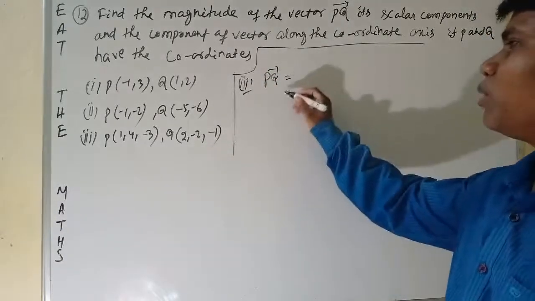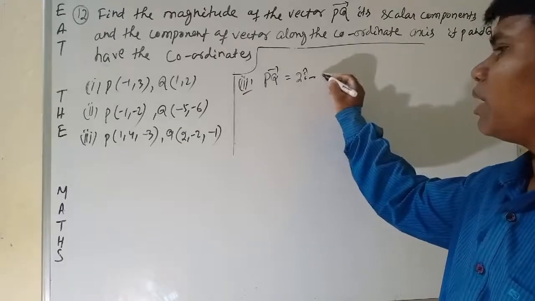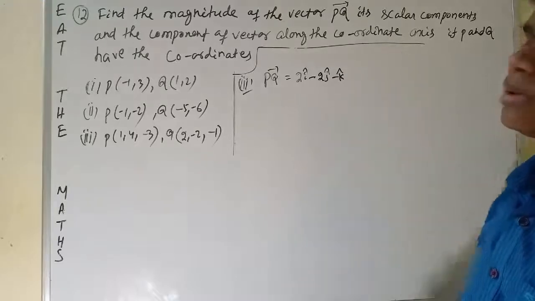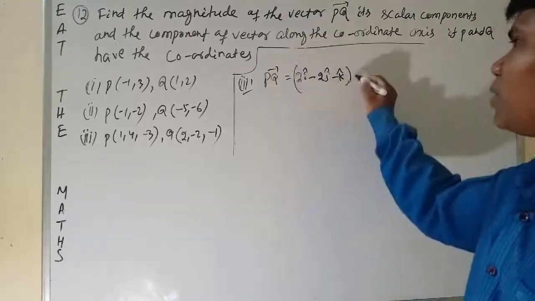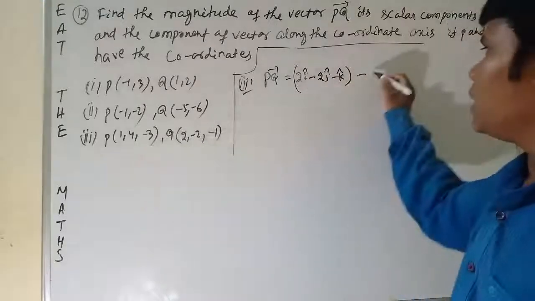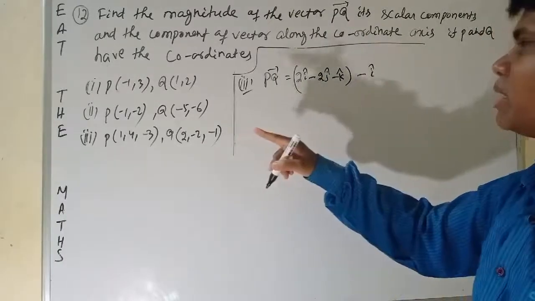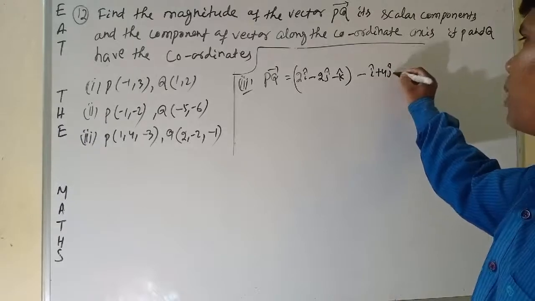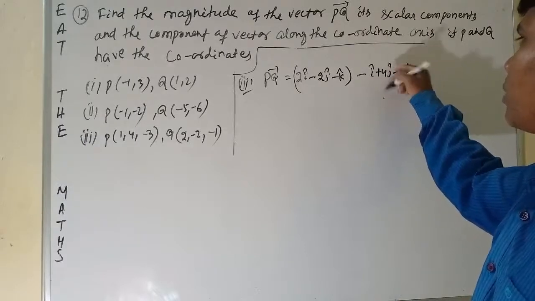So PQ is 2i cap minus 2j cap minus k cap, minus P, that is i cap, 1 means 1 into i cap, plus 4j cap minus 3k cap.